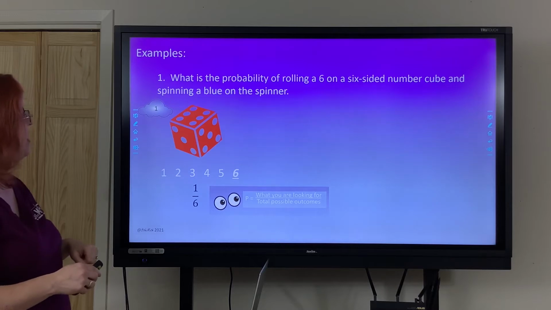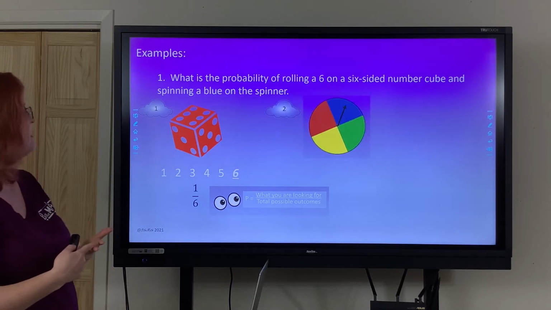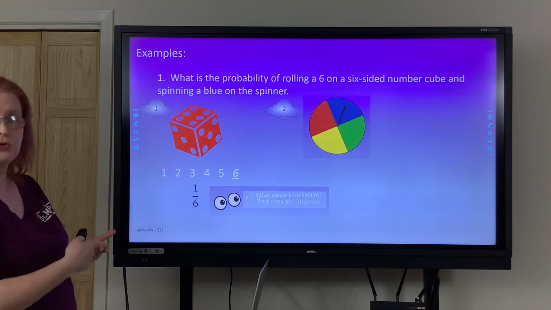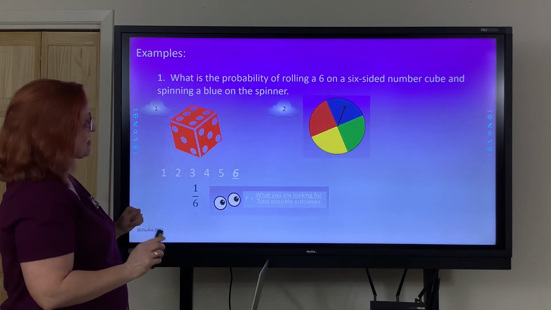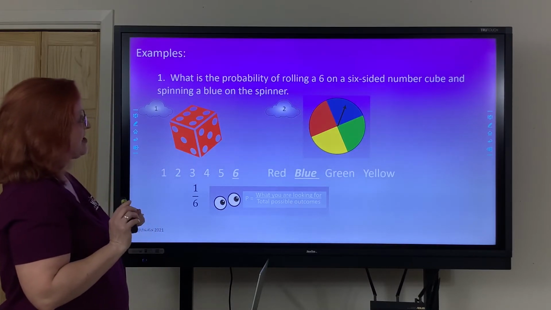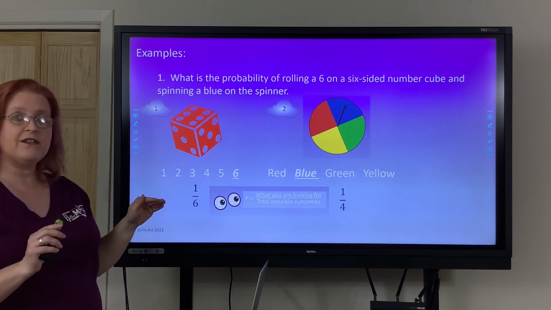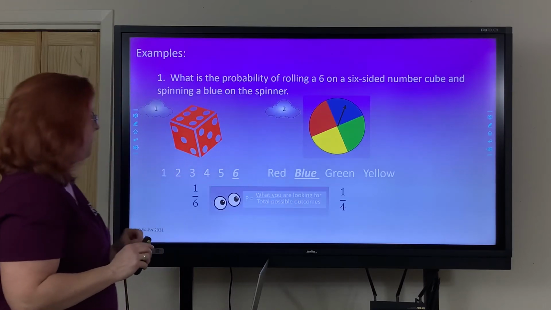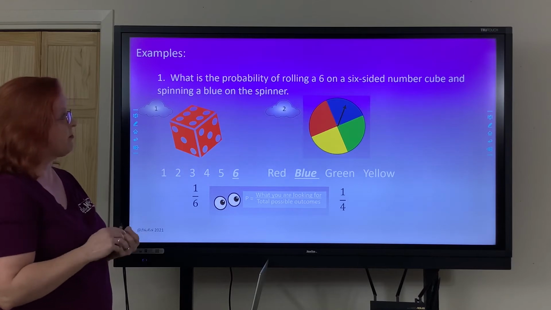All right. My second step is to calculate how many times I can get a blue on that spinner. There is one section of blue, and there are 4 colors. So there's only a 1/4 chance that I can get a blue on our spinner. Then the third step is multiply the two probabilities.